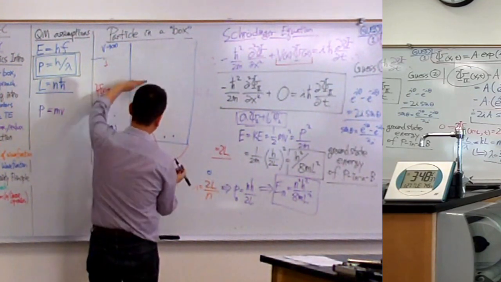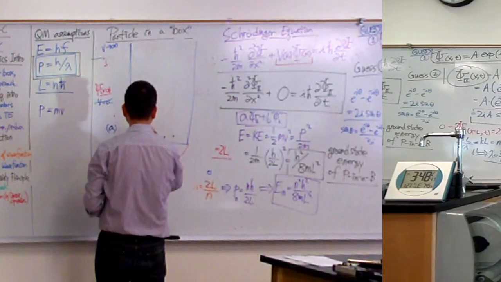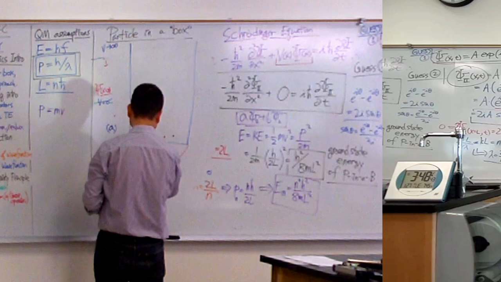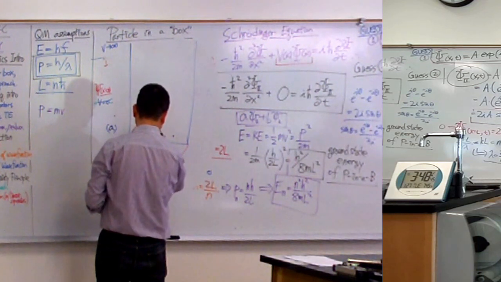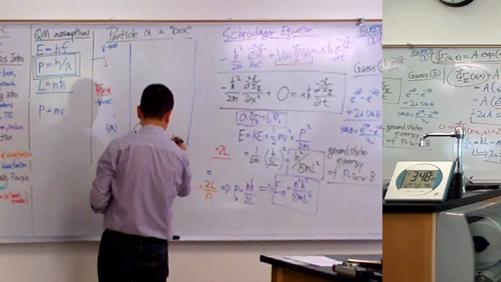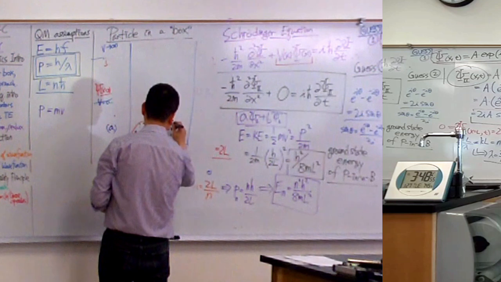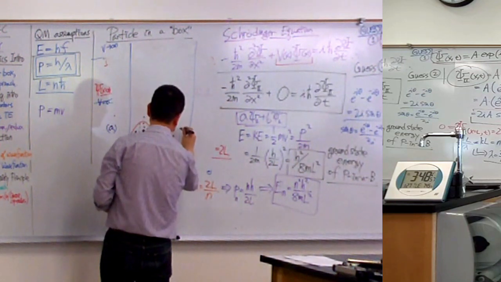I'm going to build up a histogram. Let me just draw out what the histogram looks like. Something like this. Sorry, I'm not drawing my histogram well.